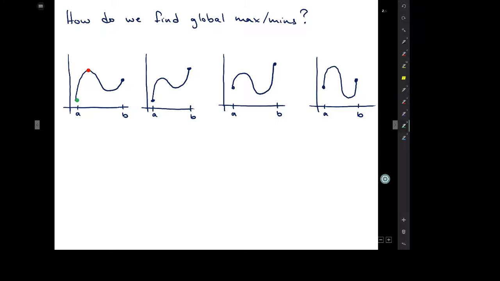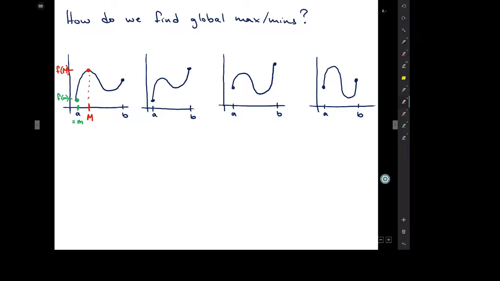So this x value, little m, corresponds to where I have the minimum y value, f of little m, and this x value here, big M, corresponds to where I have the maximum y value, f of big M.